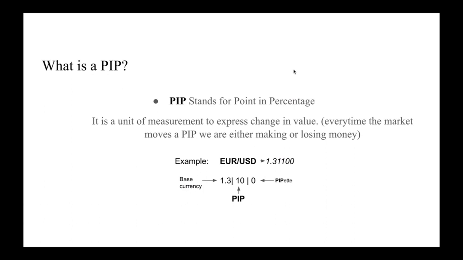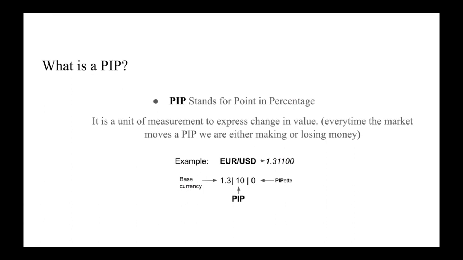Now, how this works and how we get paid is based on the amount of a pip movement. What that means is every time the pip moves, it is based on how much you have in that trade, because when you place a trade, you're placing a certain amount of money per pip.